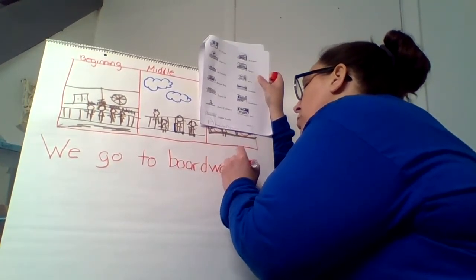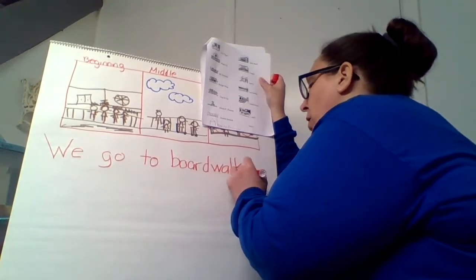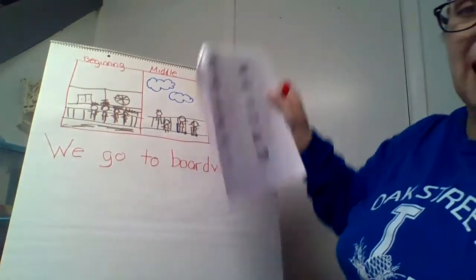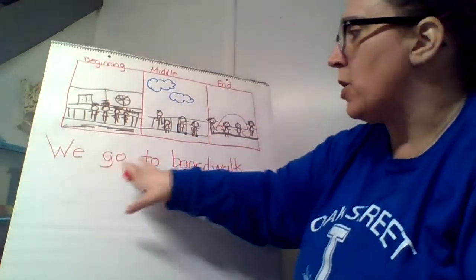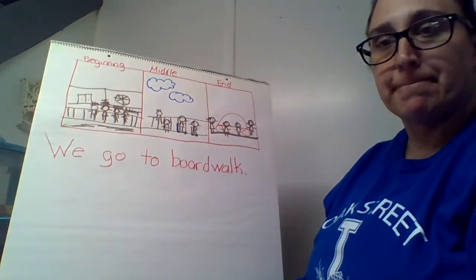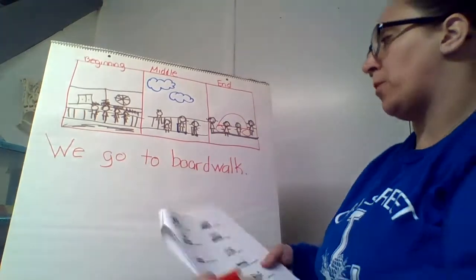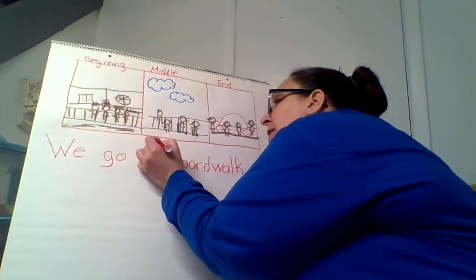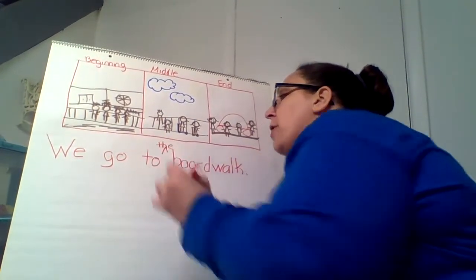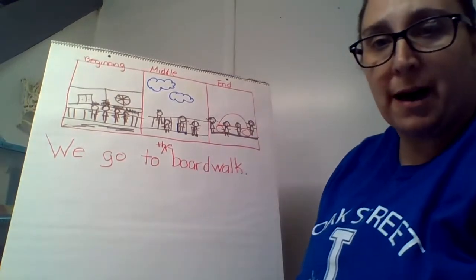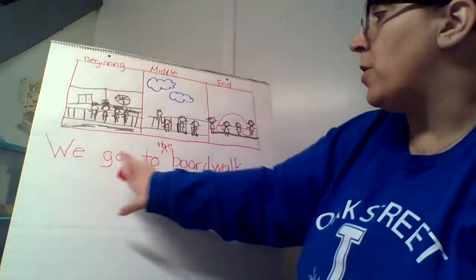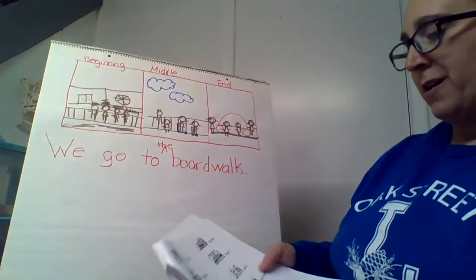We go to boardwalk. Now, does that make sense? It should say we go to the boardwalk. So Miss O'Hara is going to correct her mistake and write the boardwalk, just because I don't have an eraser. We go to the boardwalk.